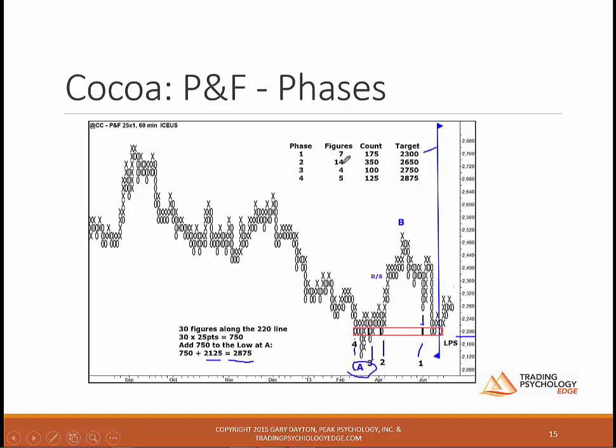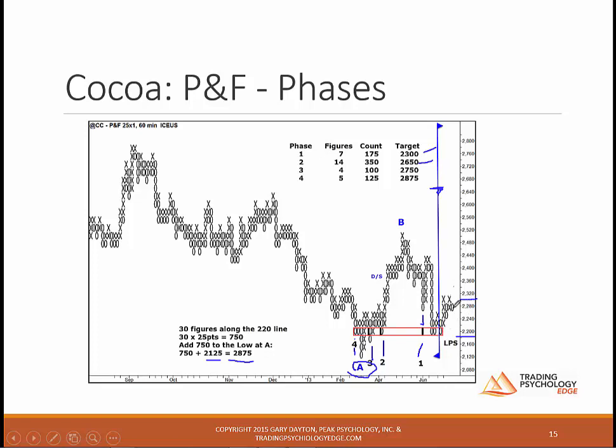Phase 2 has another 14 figures. We do the same kind of math. We count the figures, multiply it by 25, and that gives us the move up to 650, which is about here. Okay. Now notice we're already above 330. We've already gone through phase 1, and we haven't even started the move yet. Right?